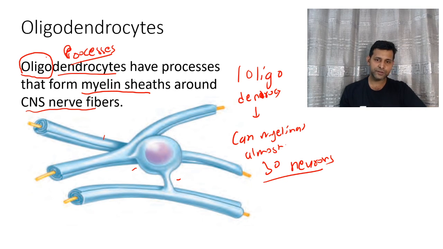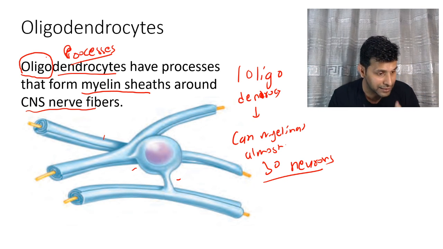They produce myelin sheath in the CNS and can myelinate 30 neurons at the same time. So we have studied four types of glial cells: astrocyte, microglia, ependymal cells and oligodendrocytes.